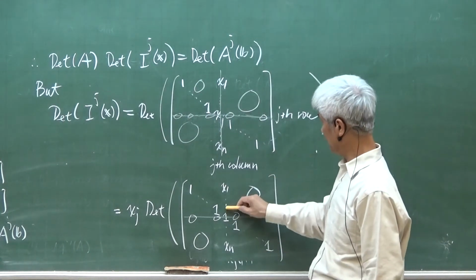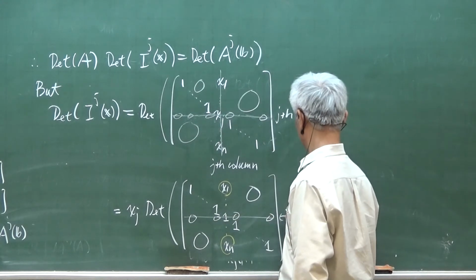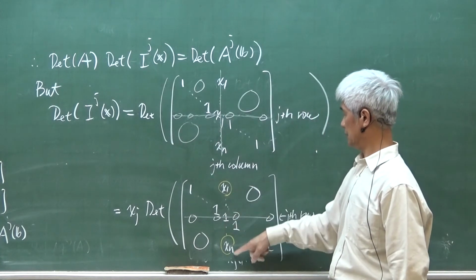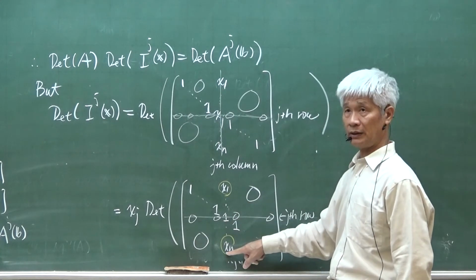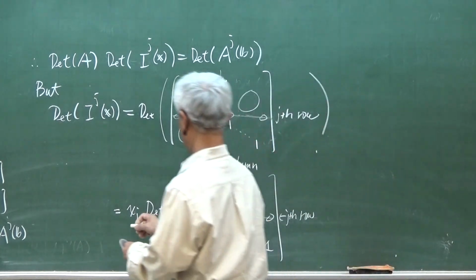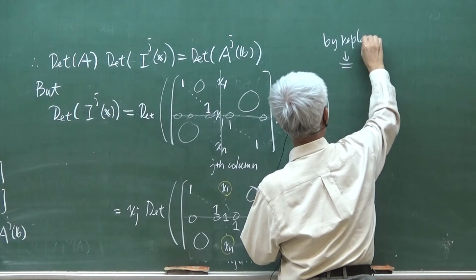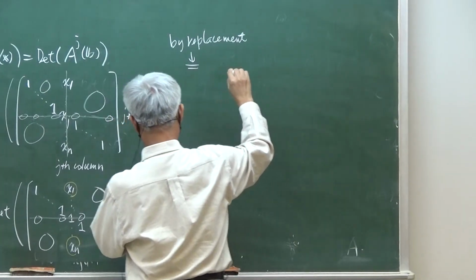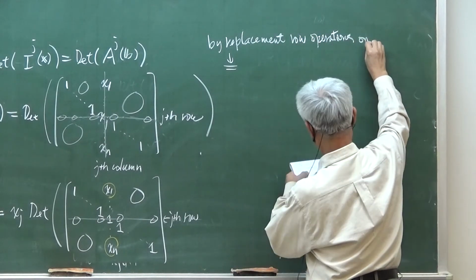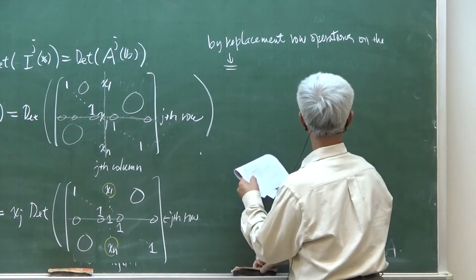Now you cancel by replacement row operations, using the jth row to eliminate all the entries in the jth column.